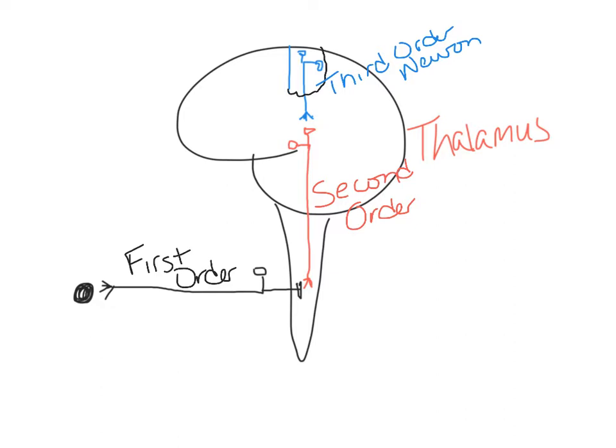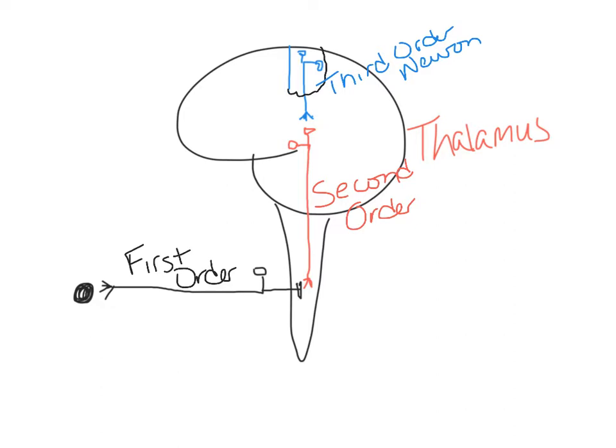So this is our afferent division. It's bringing sensory information in, and that afferent division can be divided up into either somatic or visceral sensory pathways. It just depends on where it is going, right?